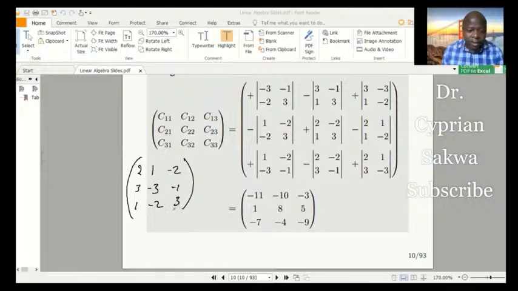You are left with 3, -3, 1, -2. Then finally, this was positive, negative, positive, so this will be negative. In this position, delete this row and that column. We are left with 1, -2, -2.